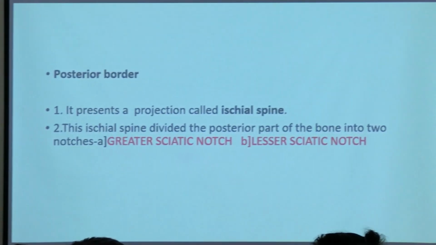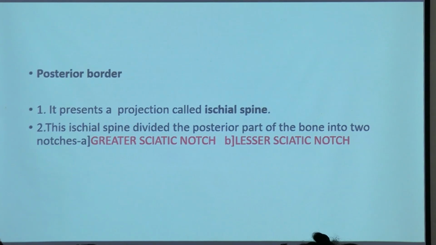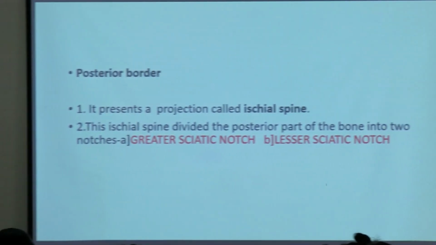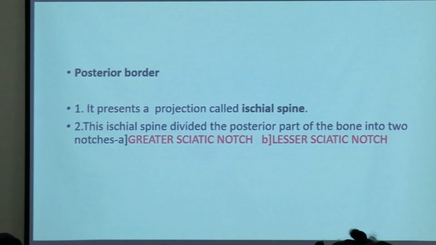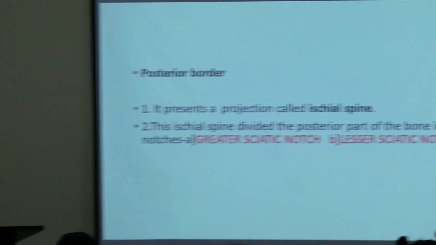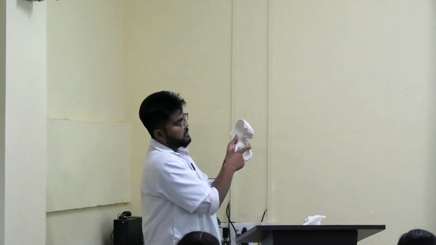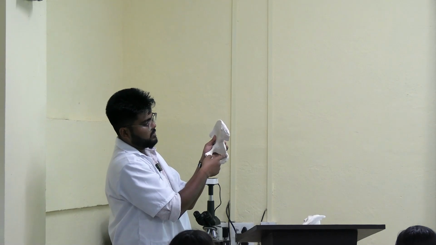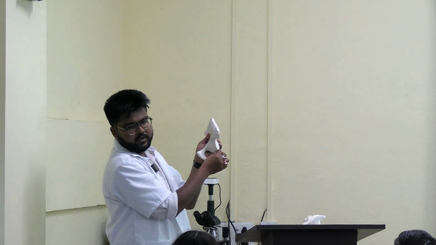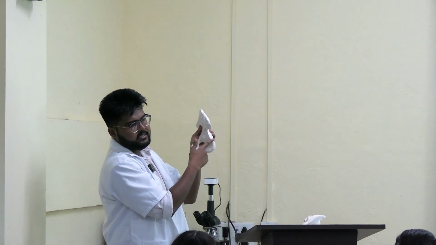And this is the lateral border. It presents a projection called the ischial spine. So the ischial spine divides the posterior part by 2 notches. One is the greater sciatic notch, another is the lesser sciatic notch.